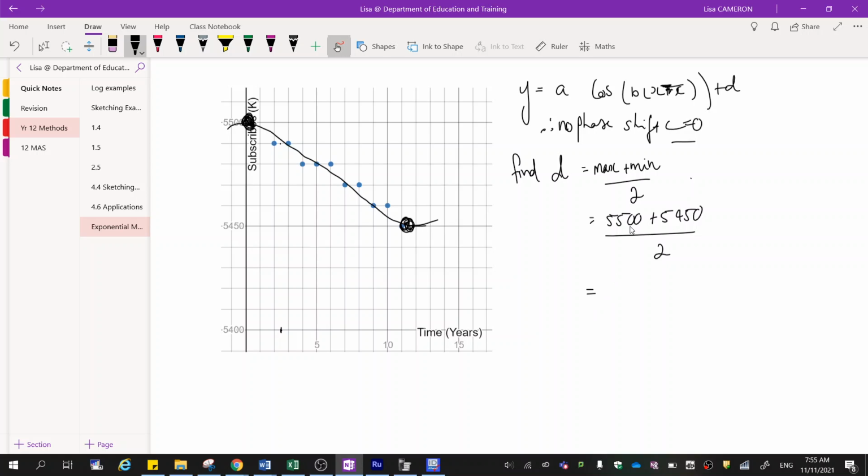That's going to give me 10950 divided by 2. If I chuck that in a calculator, I'll get 5475. So 5475 is going to be our equilibrium value.